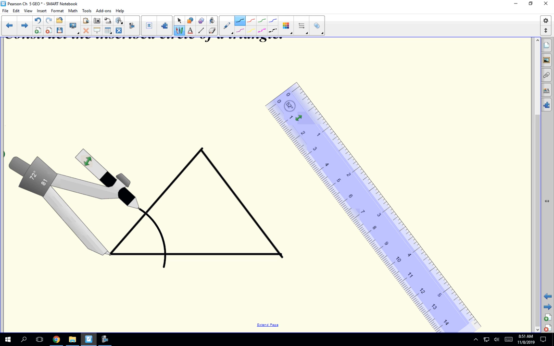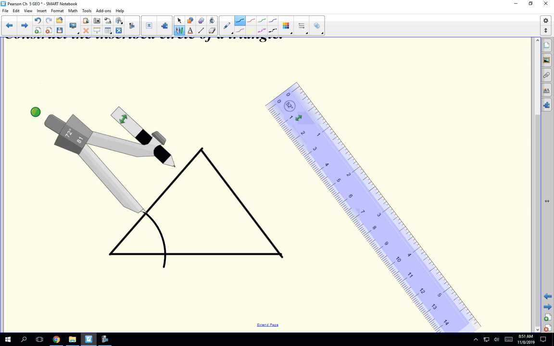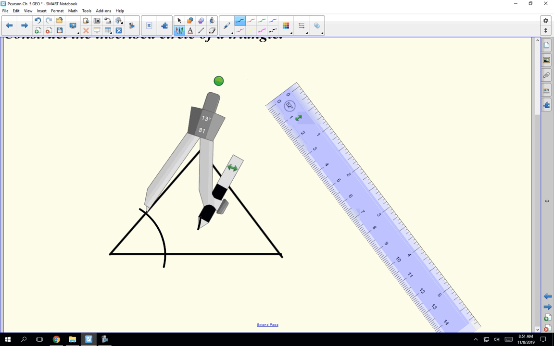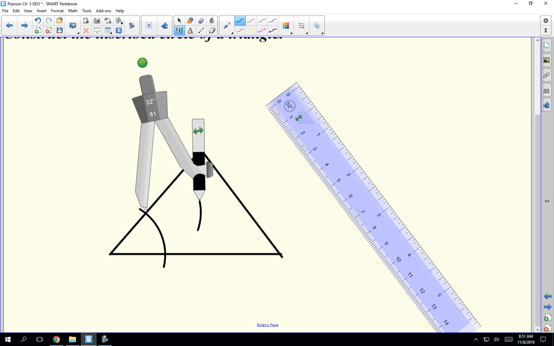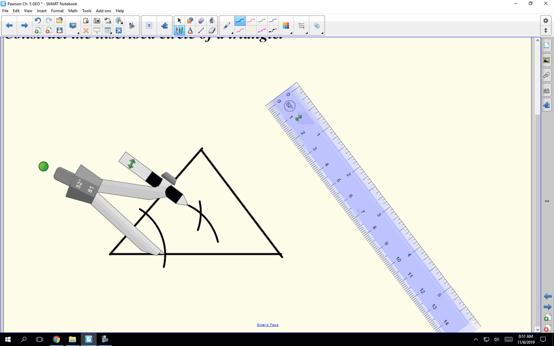So go ahead and swing an arc through the angle. And then from the place where the arc hits the two sides of that angle, we're going to swing two more arcs. And they'll just be somewhere in the interior here. So swing an arc there. See where my compass point is? So an original arc through the angle, and then where the arc hits the two sides of the angle, you're going to swing an arc from one end, and then from the other.